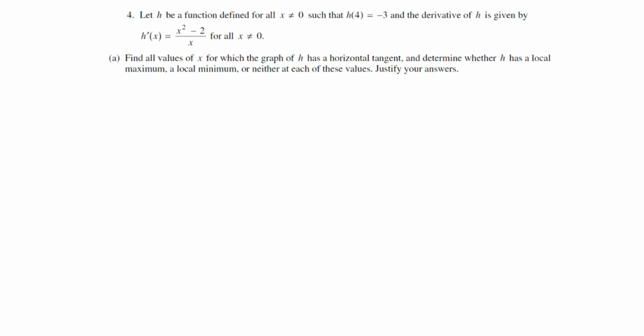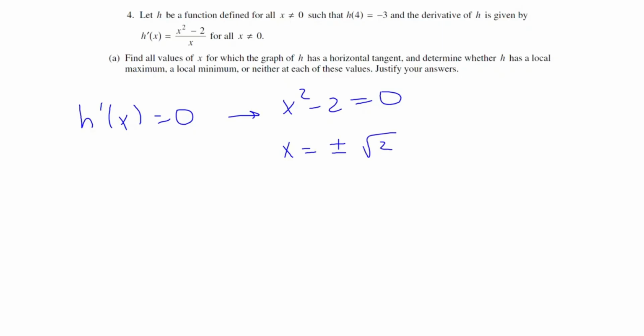So h will have a horizontal tangent when h prime of x equals 0. So that'll be if x squared minus 2 is equal to 0, right? Or x is positive or negative root 2. And we know clearly that the denominator of that is just x, right?